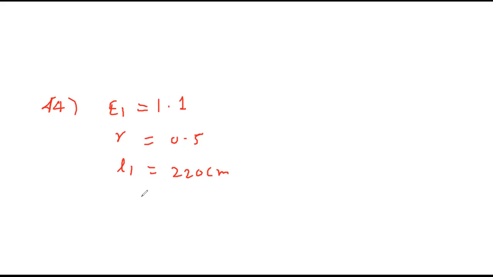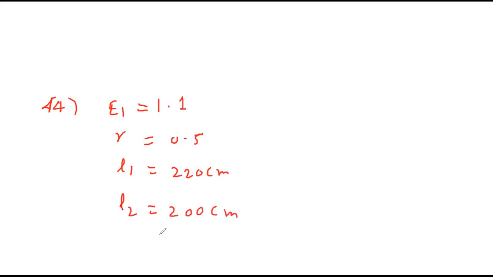Yes, sir. What is the meaning of drawing the current? When the battery is supplying, or when the battery is not supplying? On drawing the current from the cell, that means when the shunt is pulling the current from that cell. When drawing the current from the cell, the balancing length becomes 200.